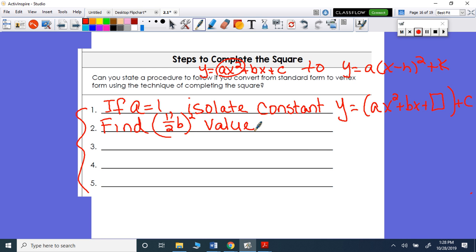You're going to find that value to complete the square. You're going to add this value to complete or make your perfect square trinomial.